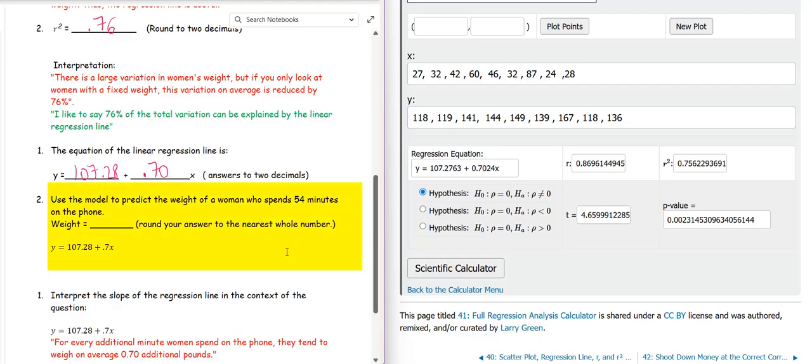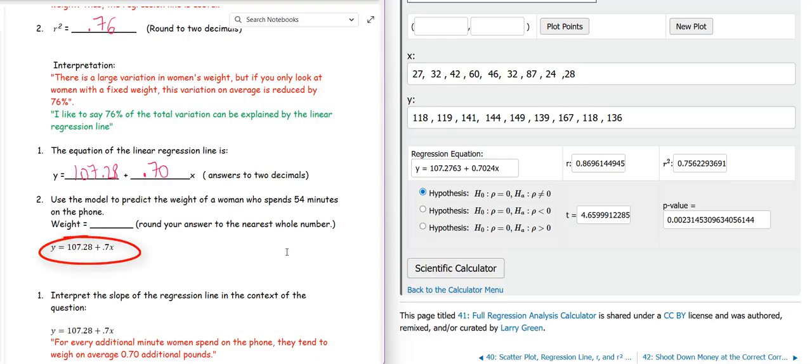Use the model to predict the weight of a woman who spends 54 minutes on the phone. So we use our regression equation, which is here, and we put 54 minutes in for X. So we get y equals 107.28 plus 0.7 times 54 minutes.